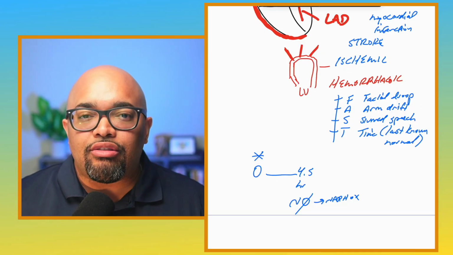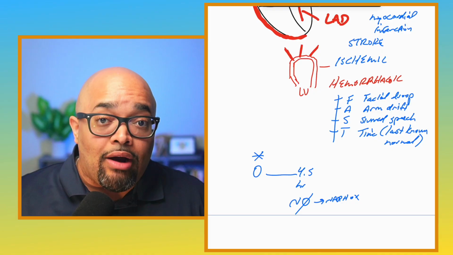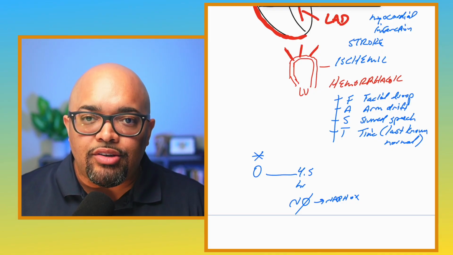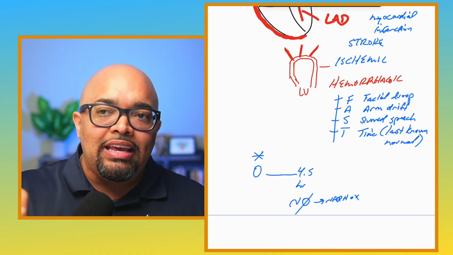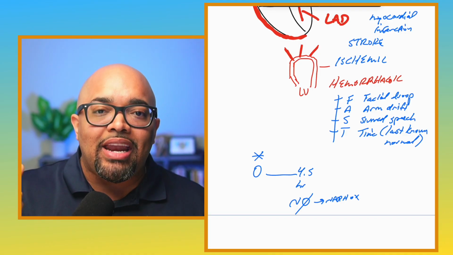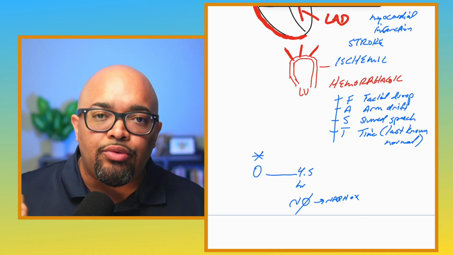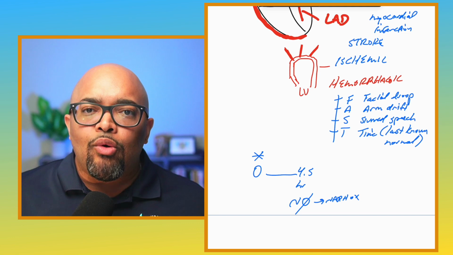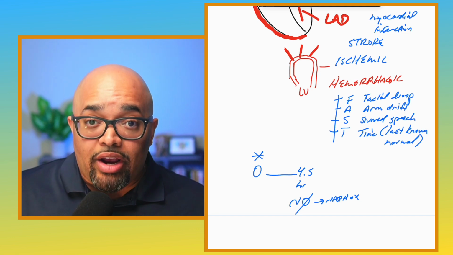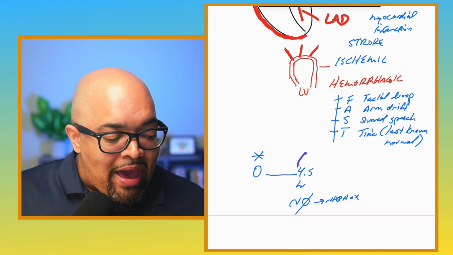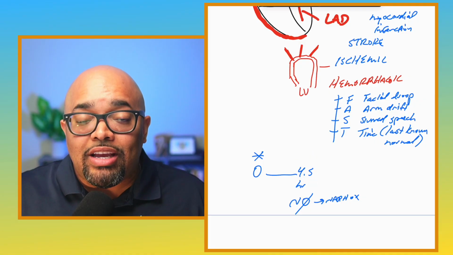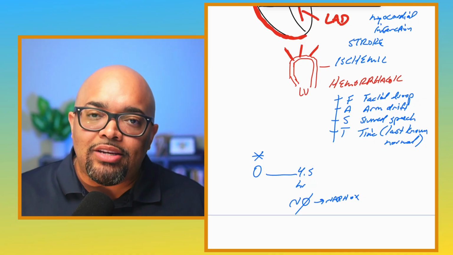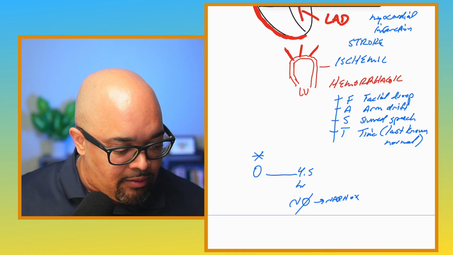Really, we say less than 4 hours. The sooner the better. So the sooner we can get that patient to the hospital and either dissolve that clot, give the medications to dissolve it, or do surgery to remove it, the more likely they're going to be able to recover. Once they pass this time period, there may be too much damage and nothing we can do. In that case, the patient could have permanent disability.